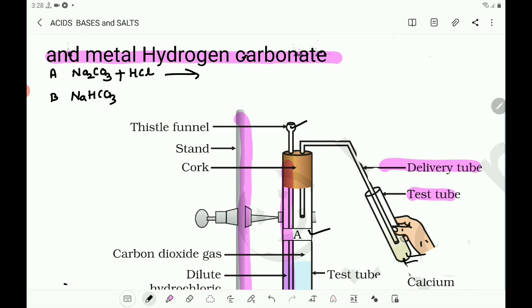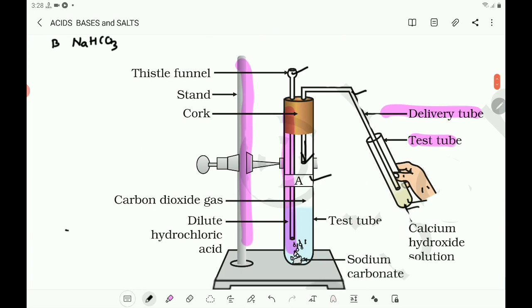The gas which is produced, the effervescence, that is in the form of bubbles. Pass the bubbles through the delivery tube and through the calcium hydroxide solution, which is called lime water.